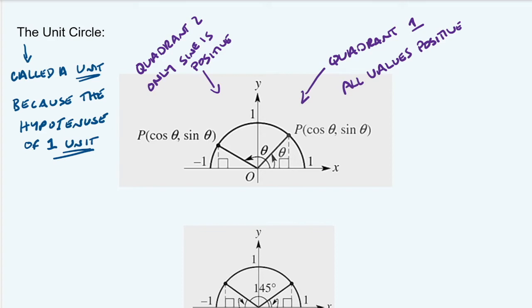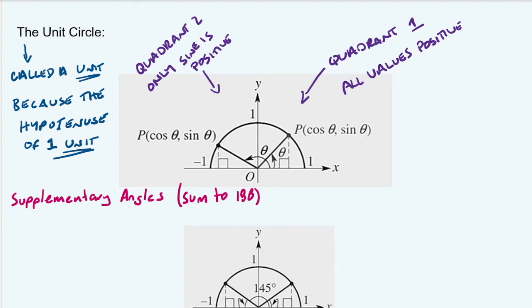But the other thing that we need to look at is the idea of supplementary angles. So you may remember that supplementary angles sum to 180 degrees. So that's why we're just sticking with those first two quadrants for now.